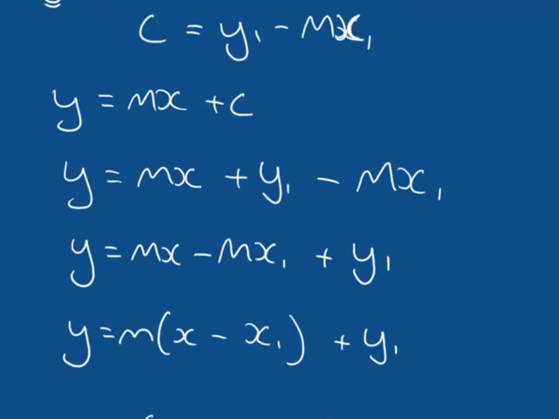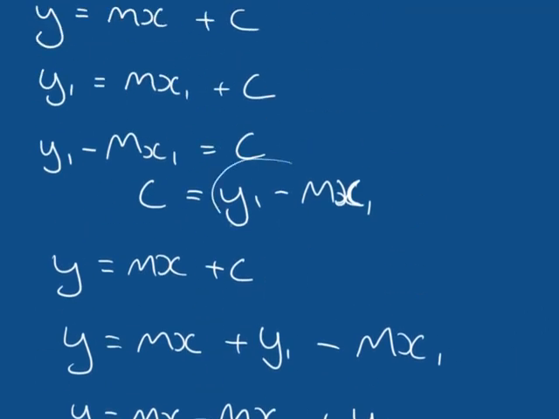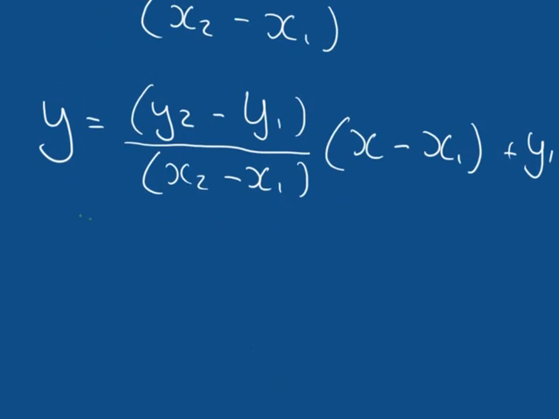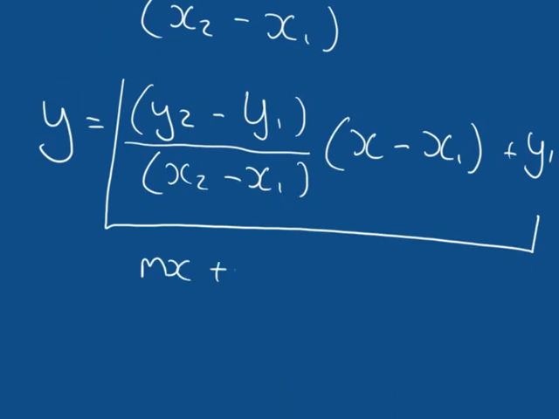We can see how we could calculate our c-intercept value if we wanted, once we know our gradient and we know our points. Or if we simply wanted an entire equation that we plug numbers into, then we could evaluate this equation, because this is equal to mx plus c.